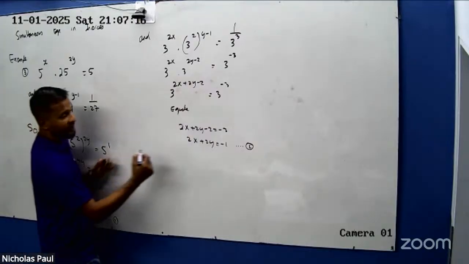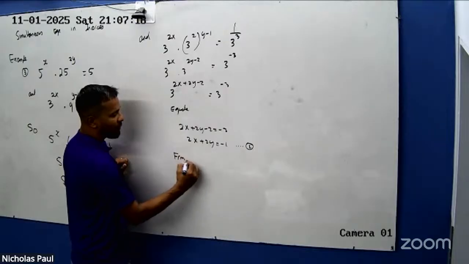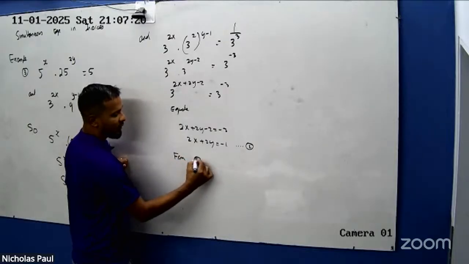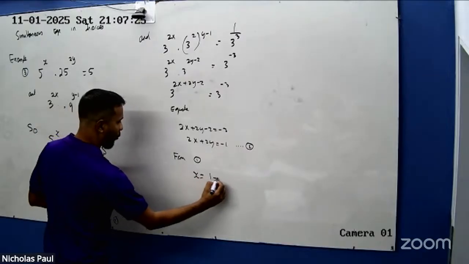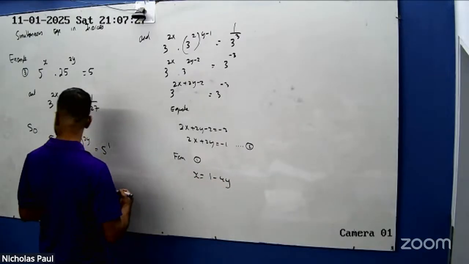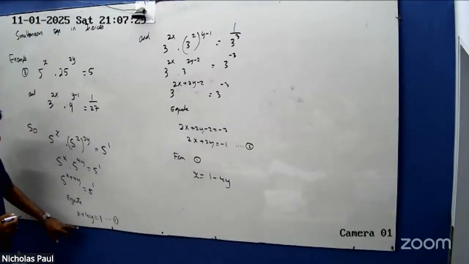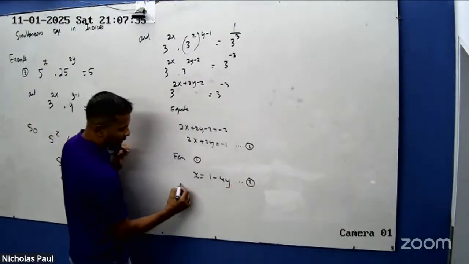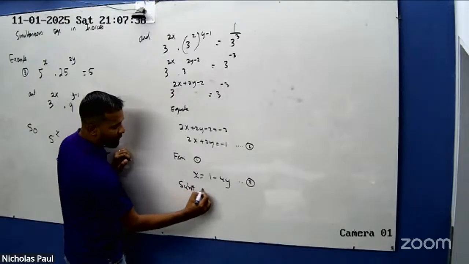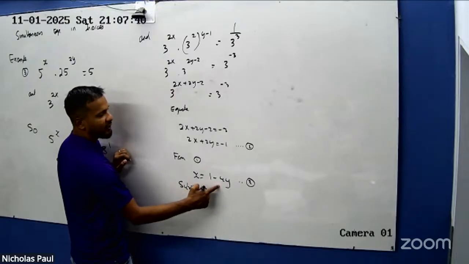So we're using substitution, right? So from equation 1, x is equal to 1 minus 4y. From equation 1, x is equal to 1 minus 4y. And now I am going to substitute equation 3 in equation.